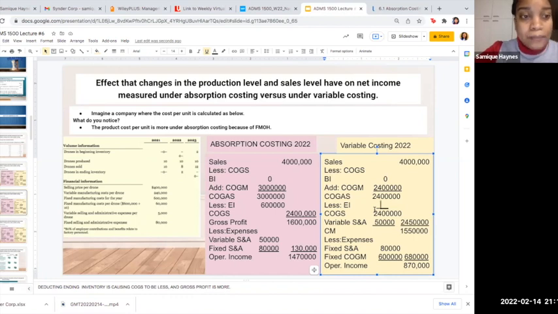Drop it in the chat. 2 units in ending inventory times 240,000 is 480,000. Good. So 480,000, right? So our cost of goods sold is now going to be what? 1,920,000? Is that what everybody else got?